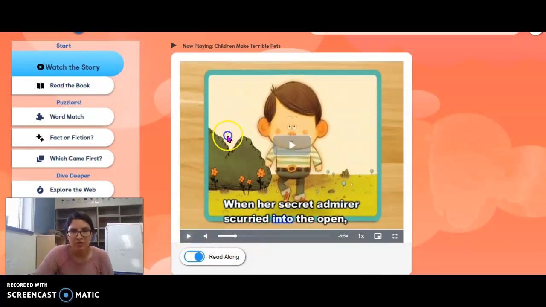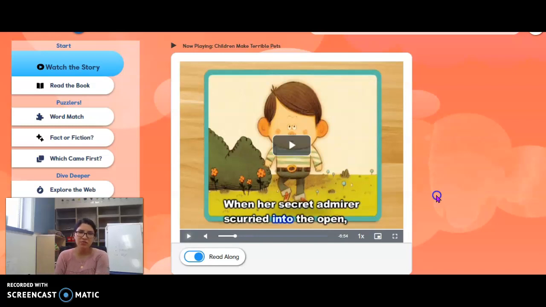Her. Okay, that's another good clue that this story is third person. So far from what we can tell in the story, do you think this story might be first person point of view? Do you think Lucy is telling her own story? I don't think so.